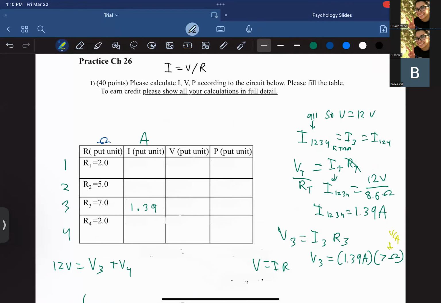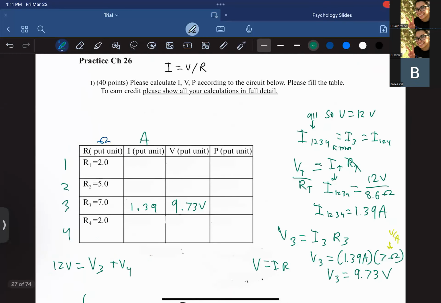Because V over A times A, the A is going to multiply out and you're going to get V. And so you get V3 is equal to, let me plug it in. 9.7, maybe 9.73 volts. We can go ahead and write that into our table. 9.73 volts. Still recording.